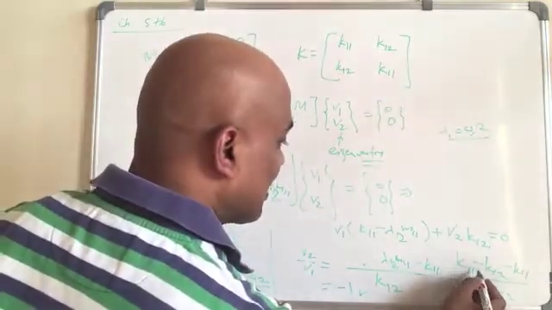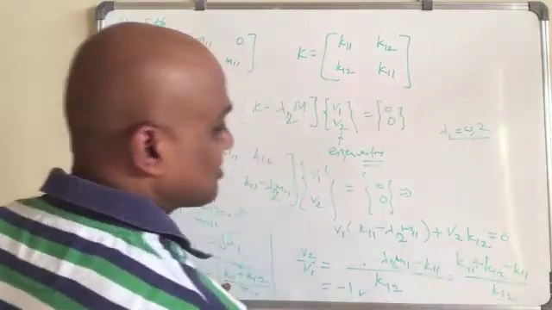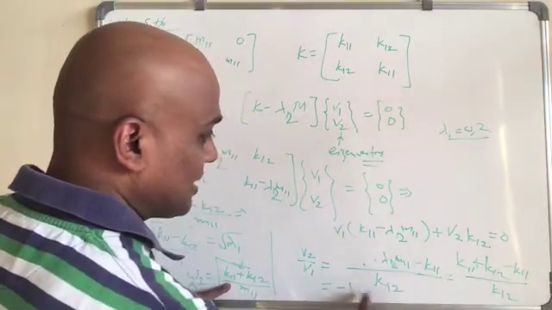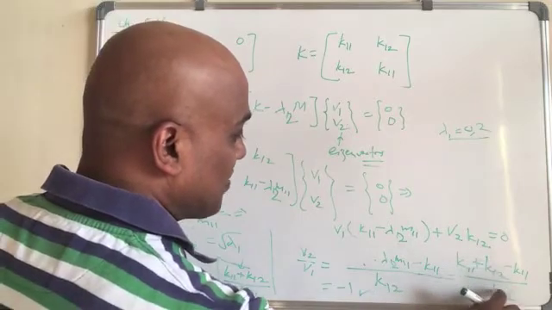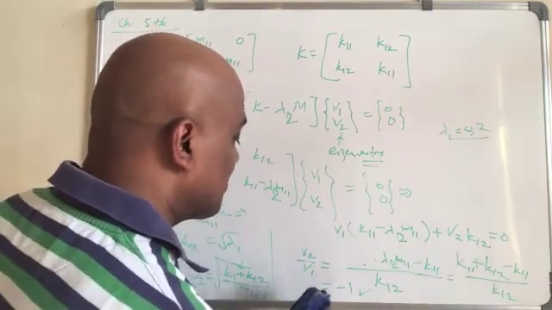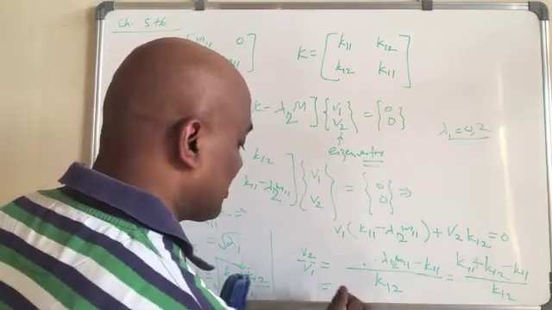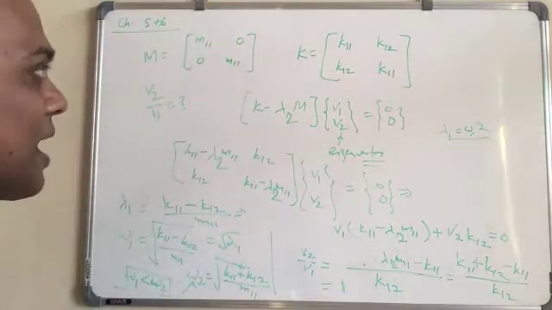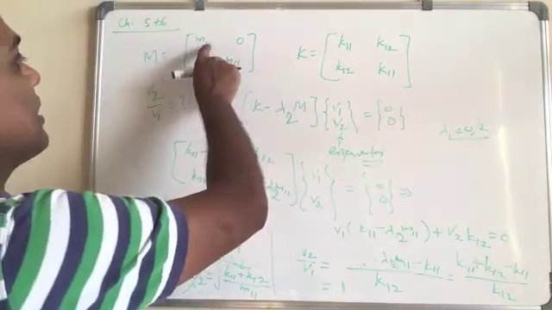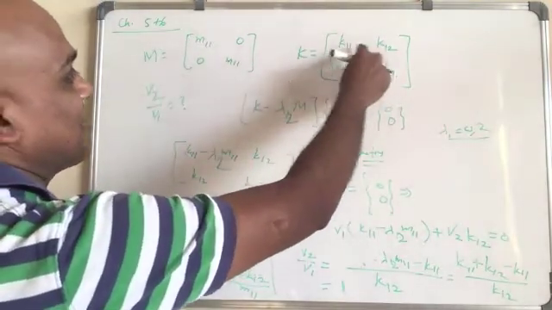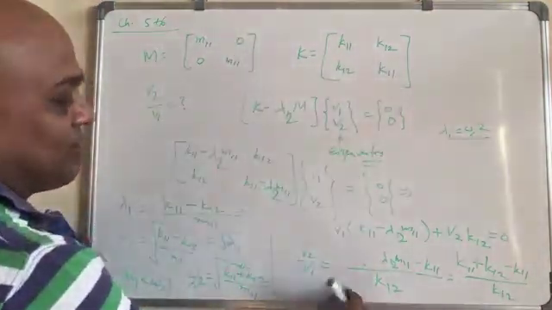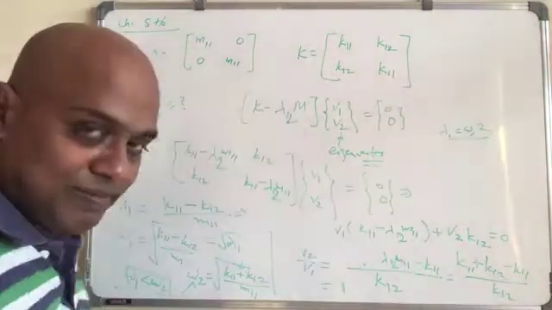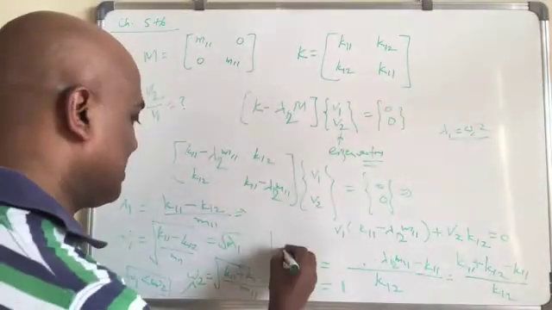So what you get is k12 divided by k12. Hence the answer will be simply 1 plus 1, so value should be just 1. So regardless of what values you get for m11, k11 or k12, answer will be the same for everybody. Everybody should get v2 over v1 equal to 1.